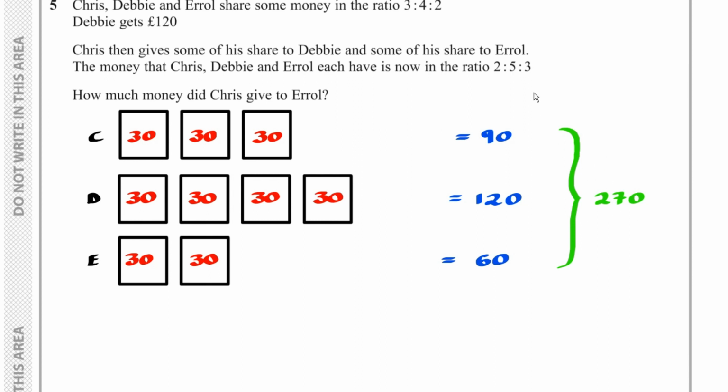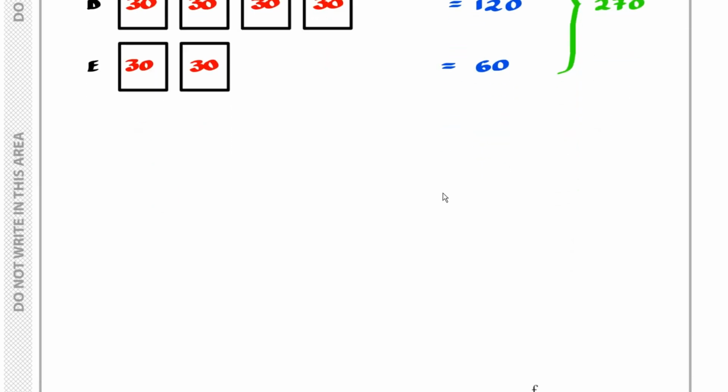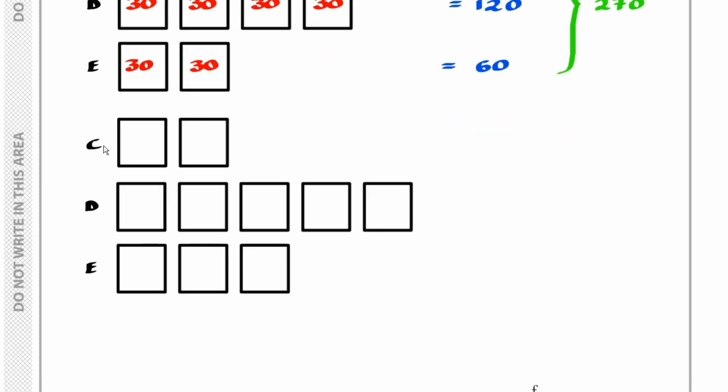Now they still have the same amount of money once Chris gives some of his money to Debbie and to Errol. The ratio now of C to D to E is 2 to 5 to 3. They still have 270, so each part will be worth, well here we've got 2 plus 5 plus 3, which is 10. 270 divided by 10 is 27.